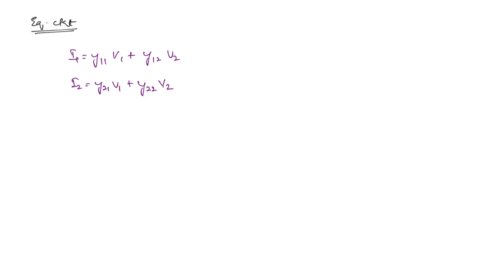So what is the circuit representation here? V1 and I1 will be as it is. Now inside the two-port network, you will have one element which is Y11, right? So this is the driving point admittance. Now what is the other term? Y12 V2.